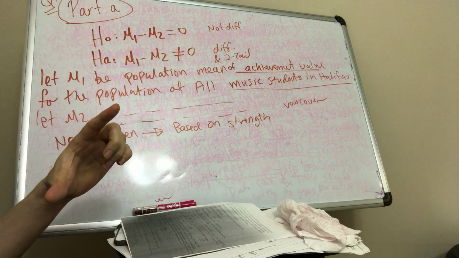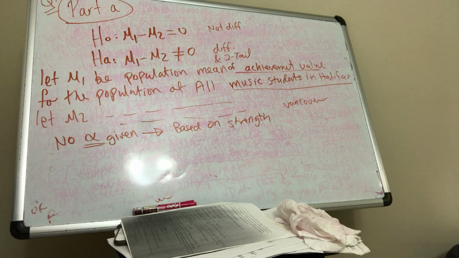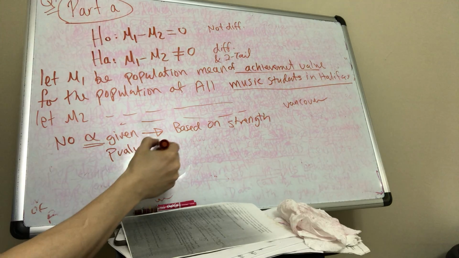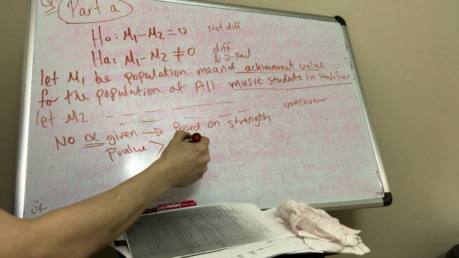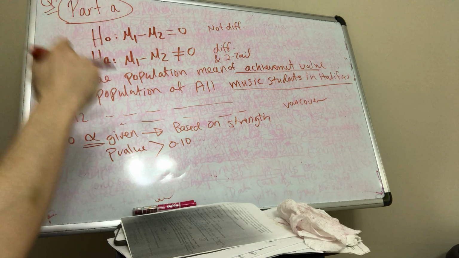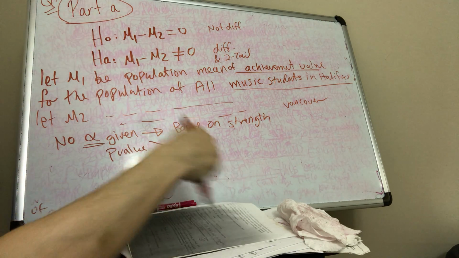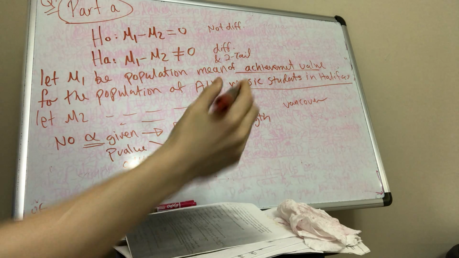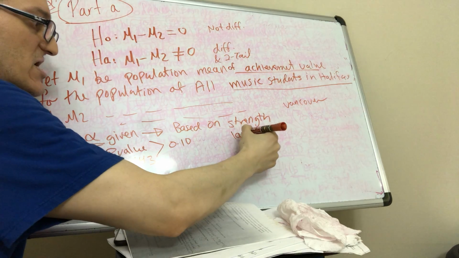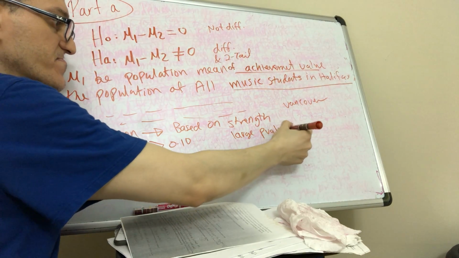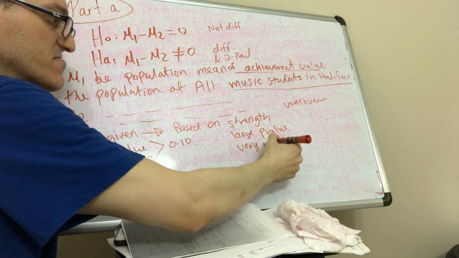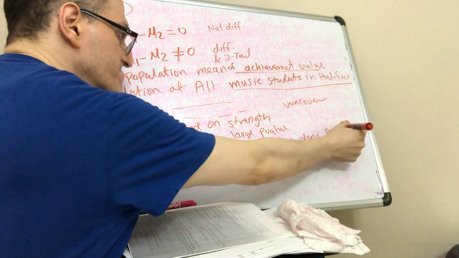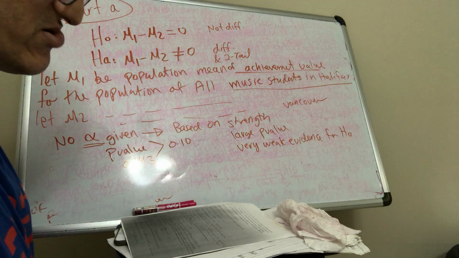You'll see that your p-value is actually more than 10%, because your p-value provided in Minitab is 0.143. We have a large p-value, very weak evidence for HA.